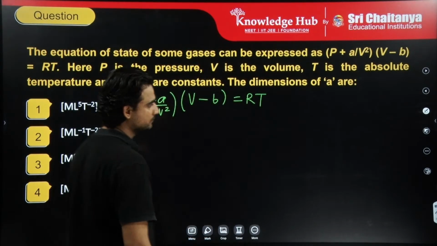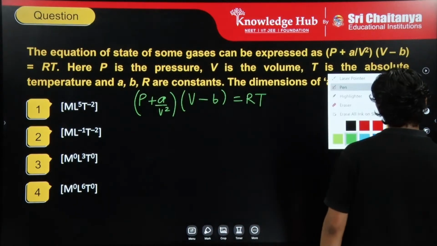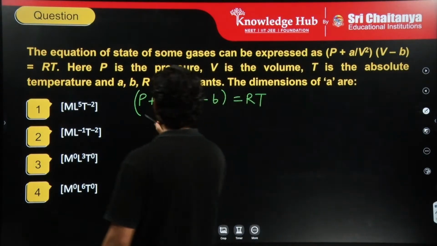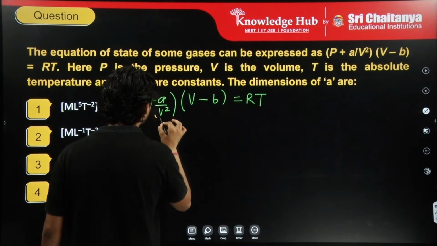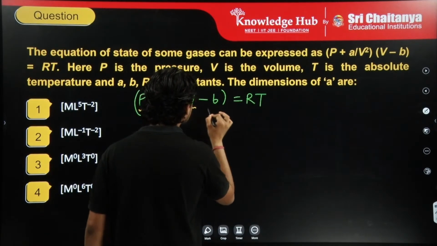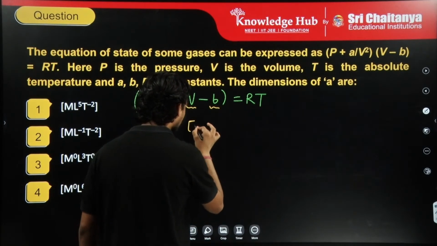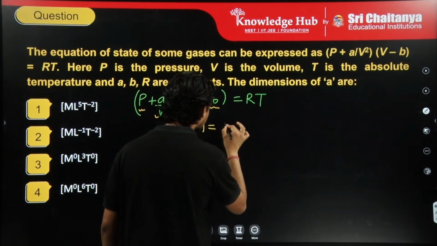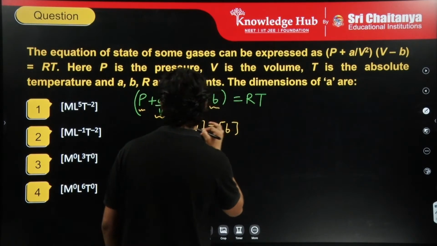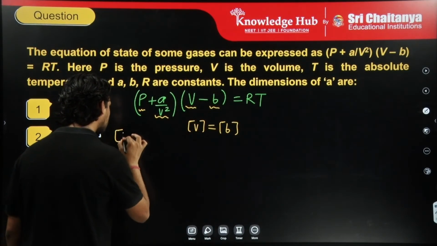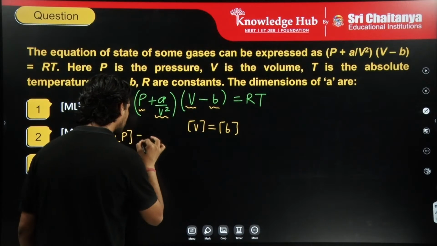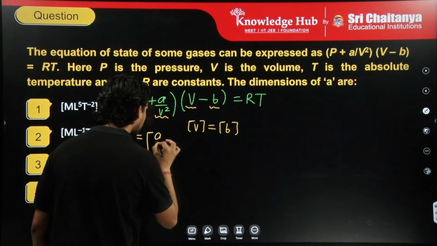Now if you see here, P is added to A by V square, and V is subtracted from B. So from here I can say that the dimension of V should be equal to the dimension of B, and the dimension of P should be equal to the dimension of A by V square.